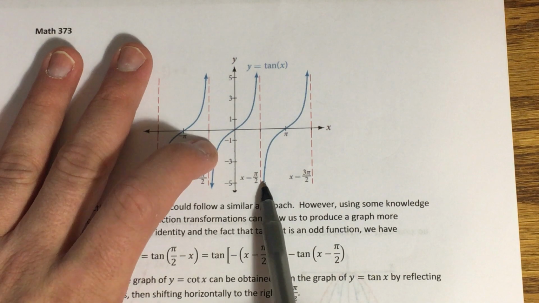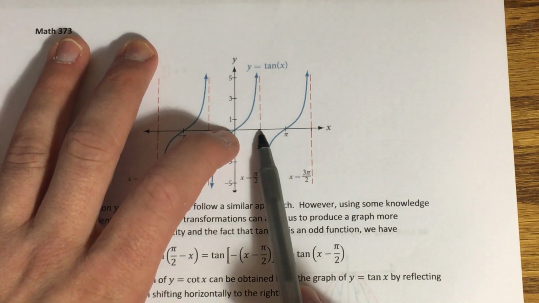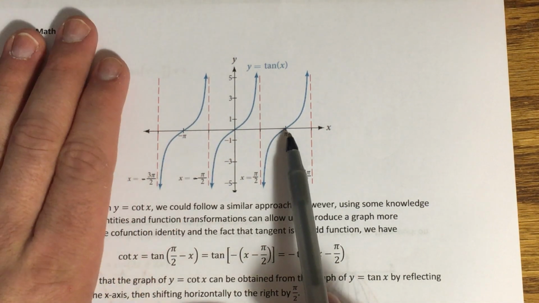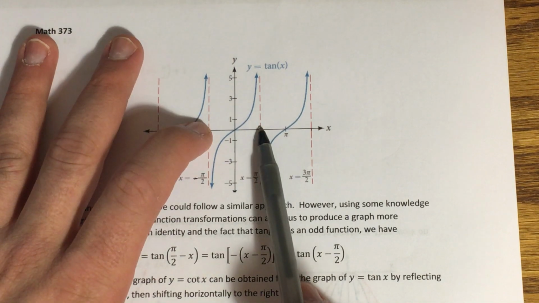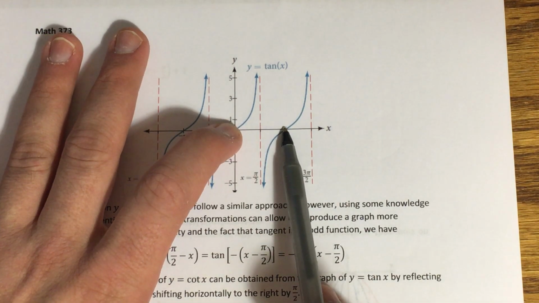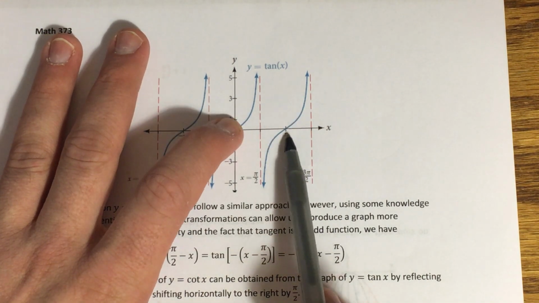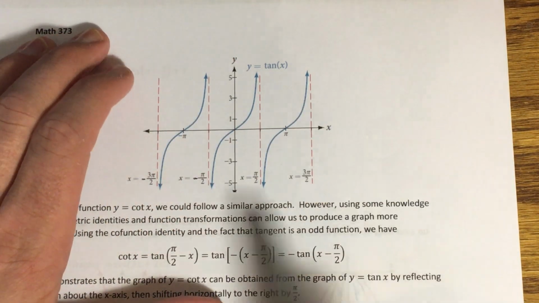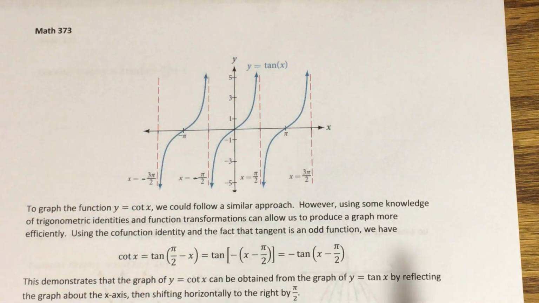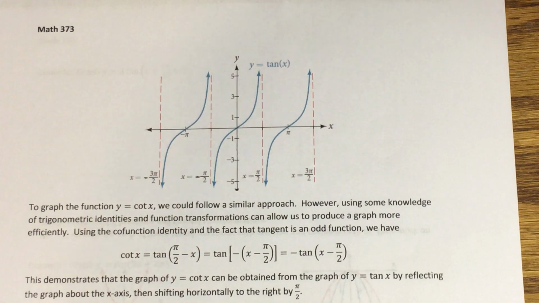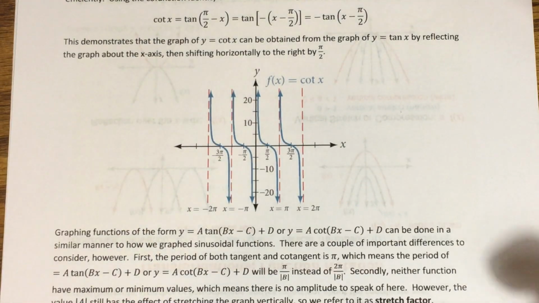And it's going to take this second asymptote right here at pi over 2, add another pi over 2, and take it to pi. So these asymptotes will shift over, and they'll now be appearing at 0 and pi. The other curves will all do similar things. They're all going to flip over, they're all going to shift to the right by pi over 2, and we end up with a graph that looks like this.